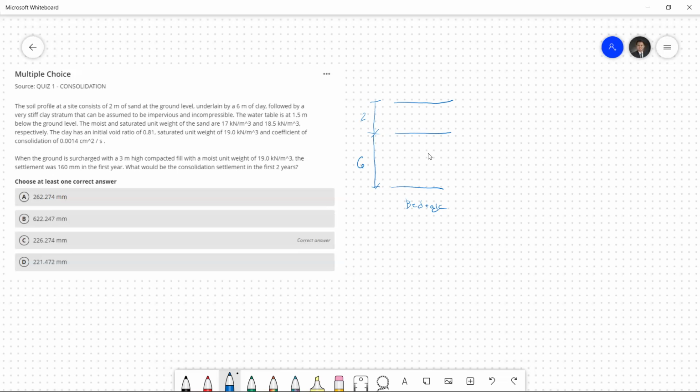Then the water table is 1.5 meters from the ground level, so this is 1.5. Therefore, this is 0.5. And this is 6 meters. This is clay, this is sand, and this is sand.